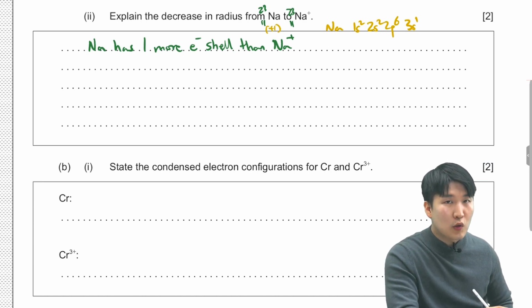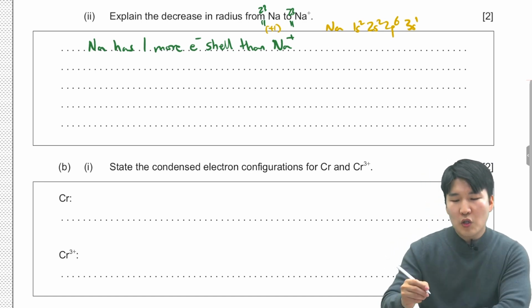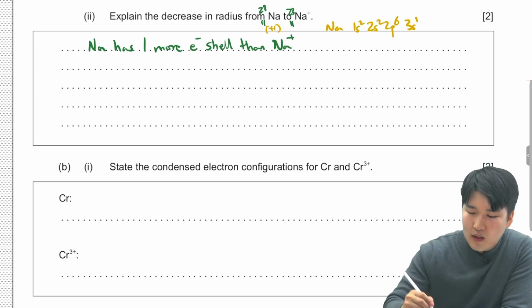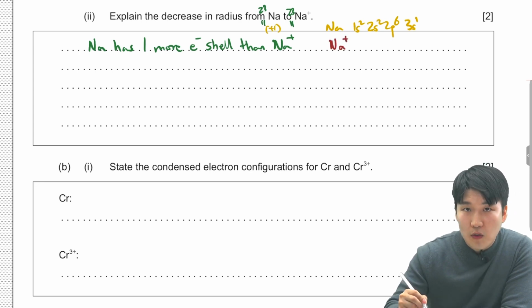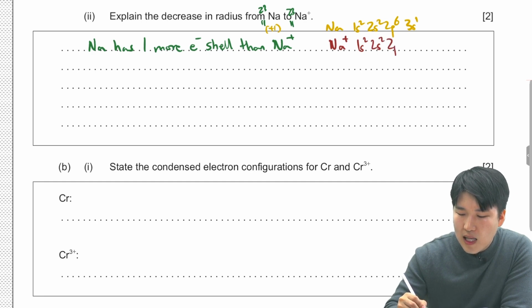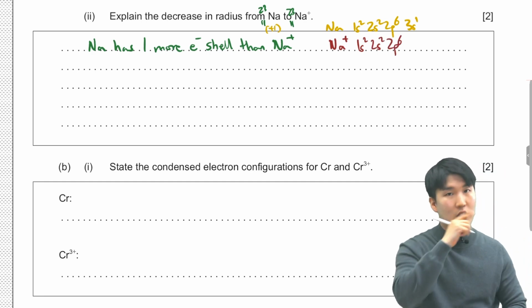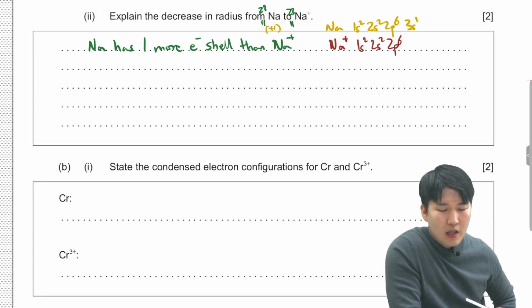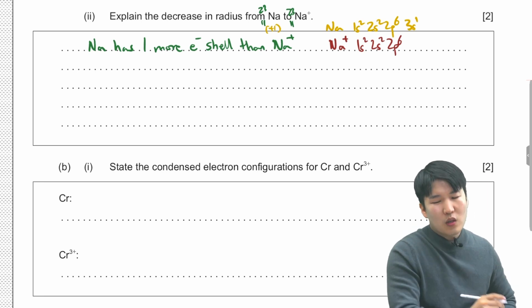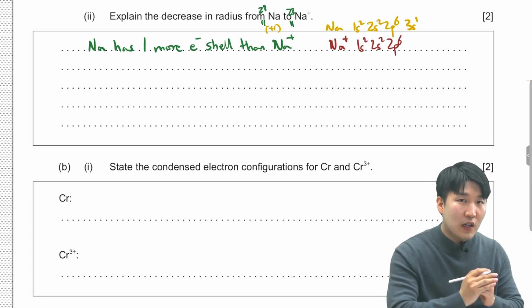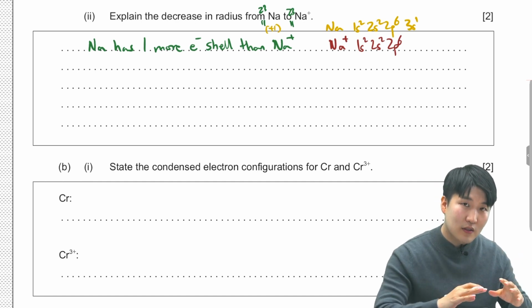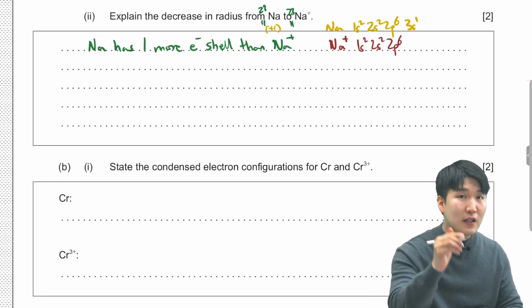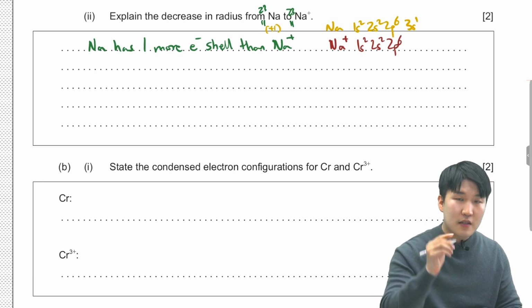But what about sodium ion? Well, sodium ion will now have electron configuration of 1s2, 2s2, and 2p6 only. And what does that mean? Well, the number of non-valence electrons has decreased, which means that the effective nuclear charge has increased.